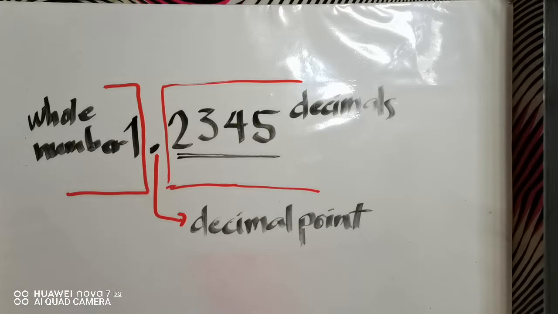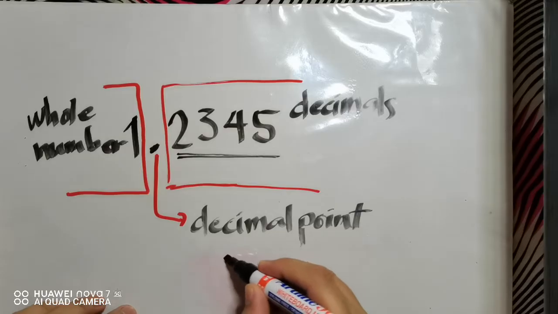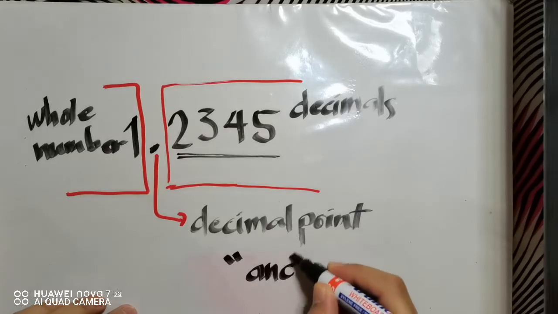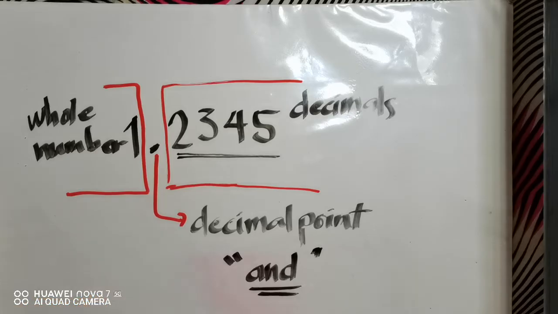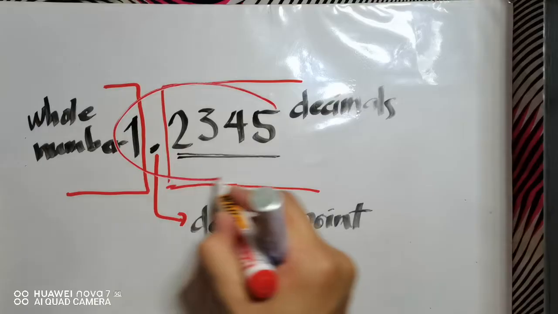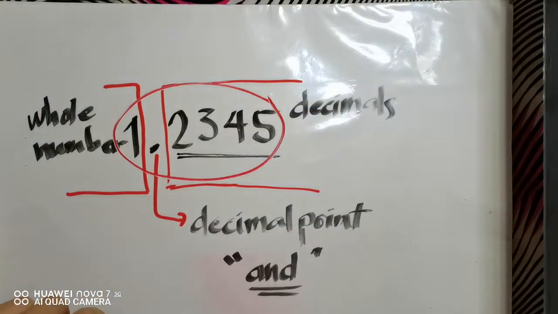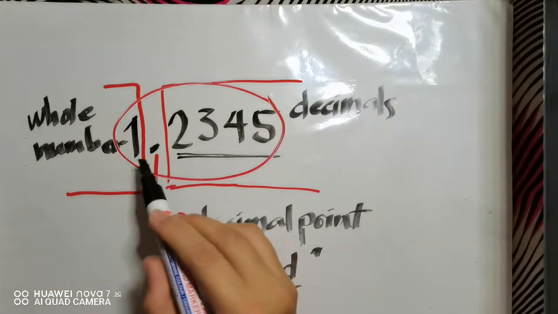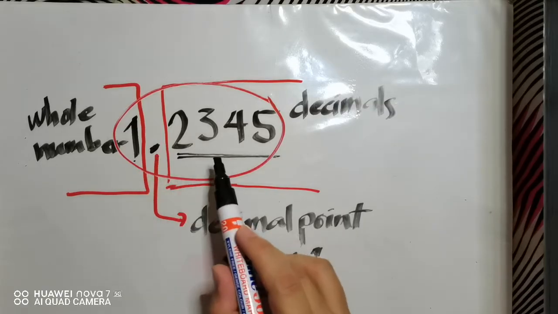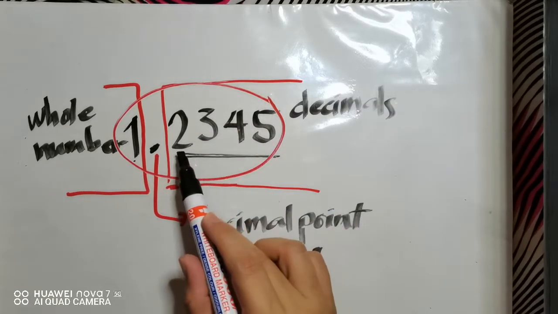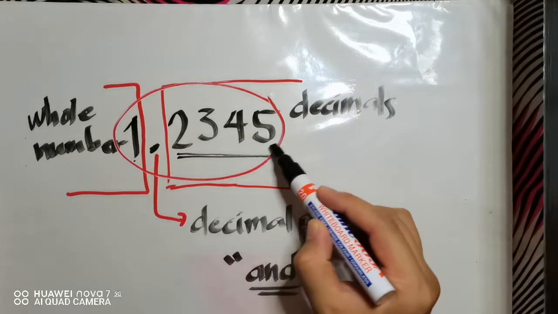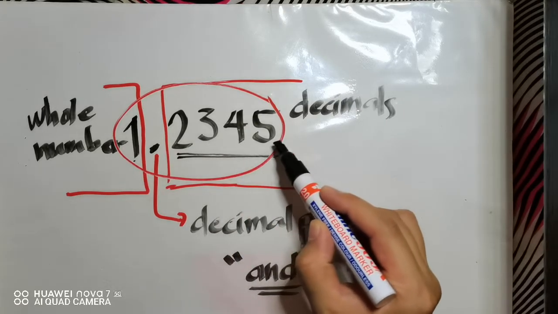Okay? So, decimal point, if we're going to read the decimal point, we read that as "and." "And" ang basa sa kanya. So, for example, ang basa natin sa buong number na ito ay 1 and then we read this as a whole number, 2,345, and then we have to identify the place value of this one.